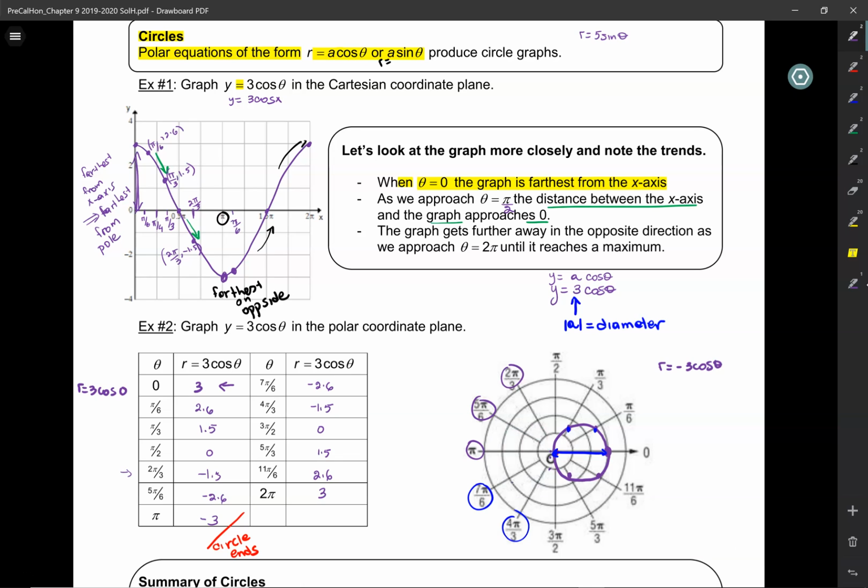Now we know that cosine starts at the maximum, so when we're graphing r equals 3 cosine theta, when theta is 0, cosine is a maximum.